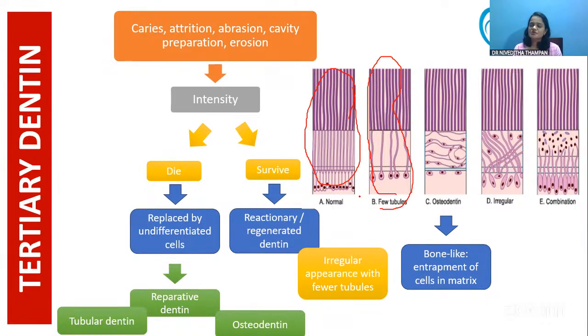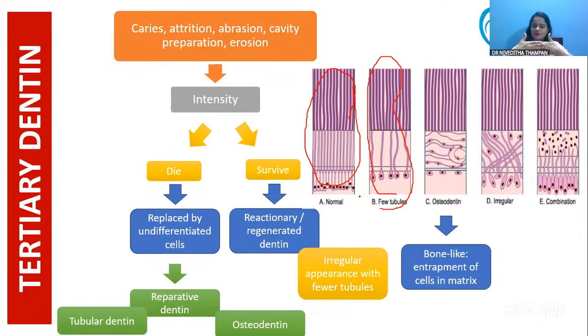But sometimes in the case of reparative dentine, the odontoblasts will not move back, so they get entrapped in the hard tissue, just like bone. In bone, you will be able to see small cells inside, which are called osteocytes. In dentine and enamel, you will not see such things.